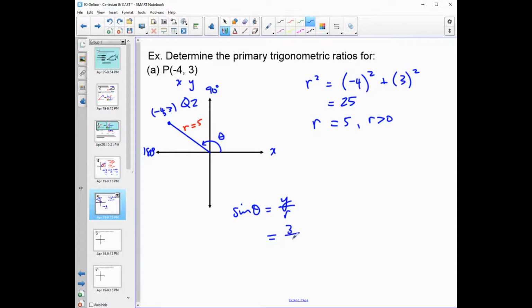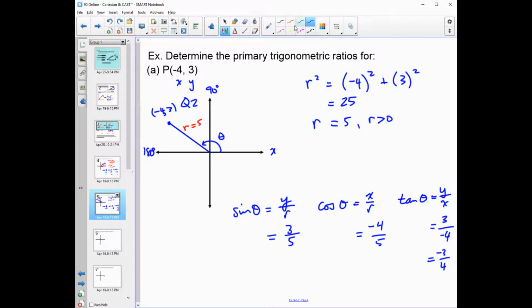The cosine of theta, which is x over r, is -4/5, and the tangent of theta, which is y over x, is going to be, strictly speaking, 3/-4, but we would normally write that as -3/4. Both are mathematically correct. It's just from a communication point of view.